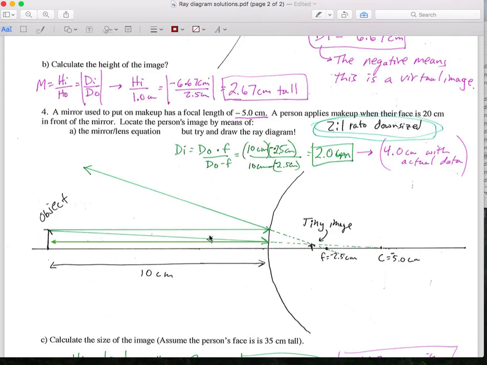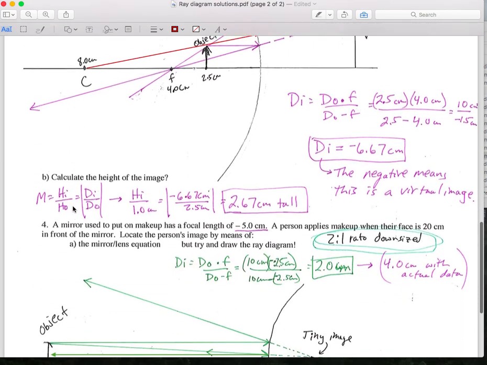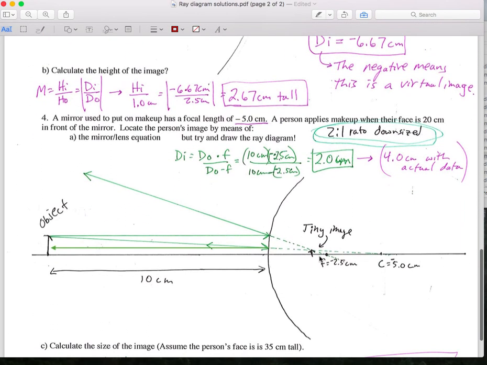So those reflected rays don't ever really cross, just like how these two reflected rays don't really cross. So therefore we have to have a virtual image, and that is small. It is in between the focal point and the mirror surface. So for convex mirrors, you'll always get a smaller or reduced image, upright, in between the focal length and the mirror.